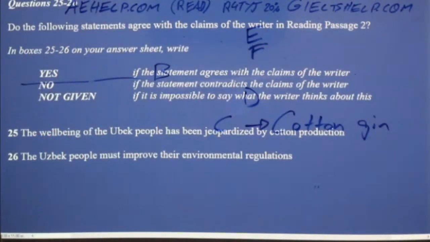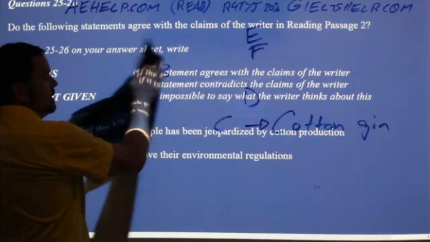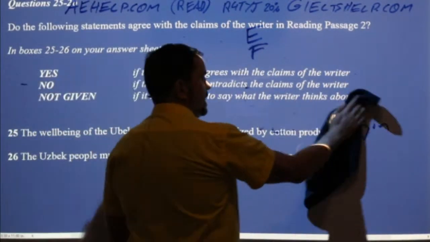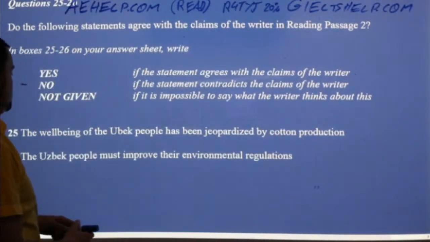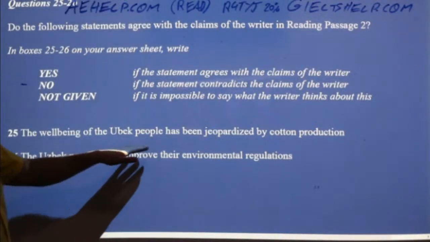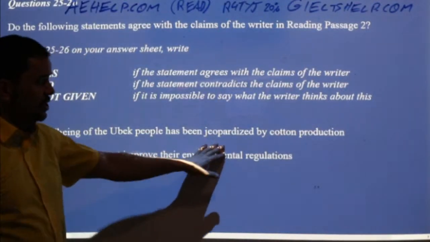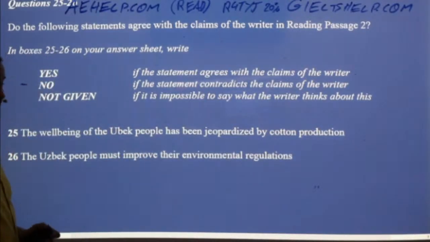Yes, no, not given. 25, the well-being of Uzbek people has been jeopardized by cotton production. So that means the healthy lives of Uzbek people has been put into danger by cotton production. Is that important for the passage? Yes, it is.